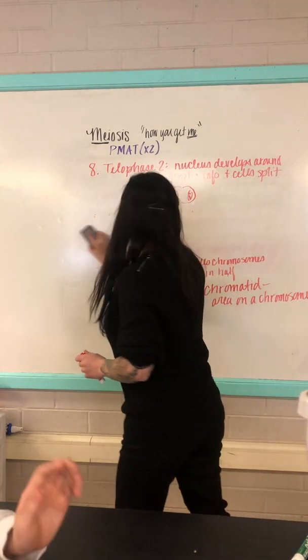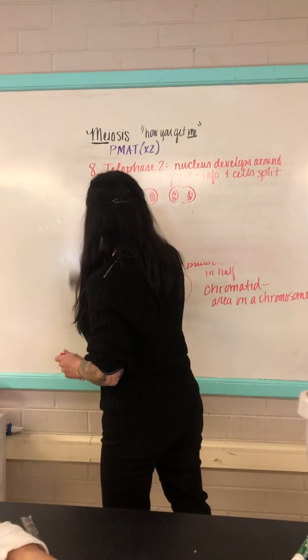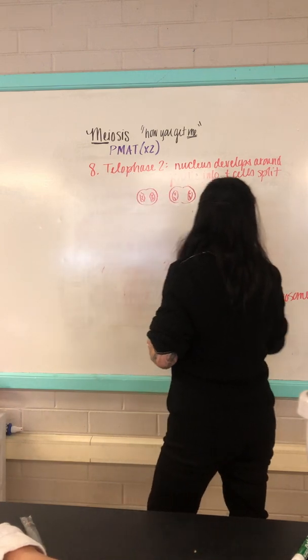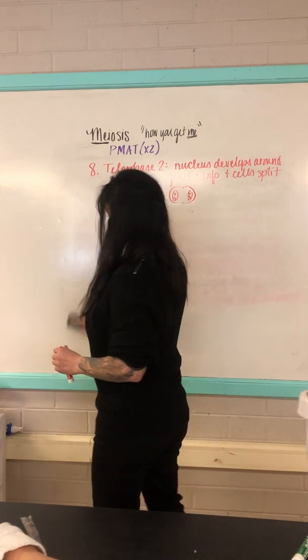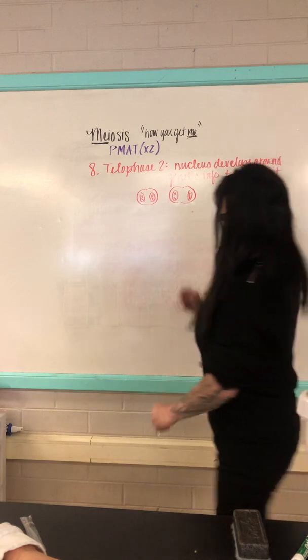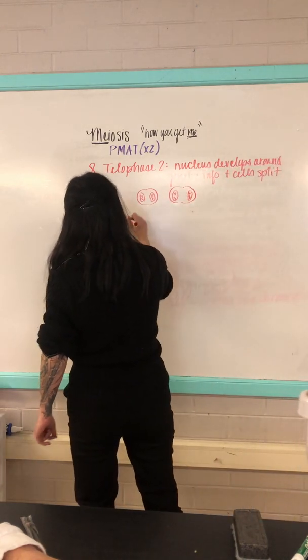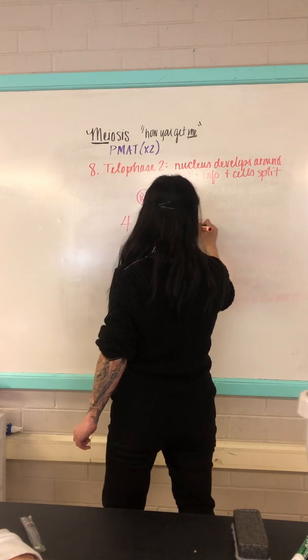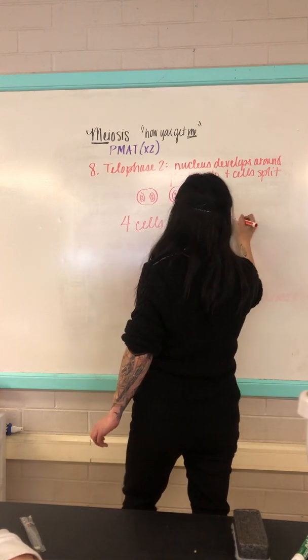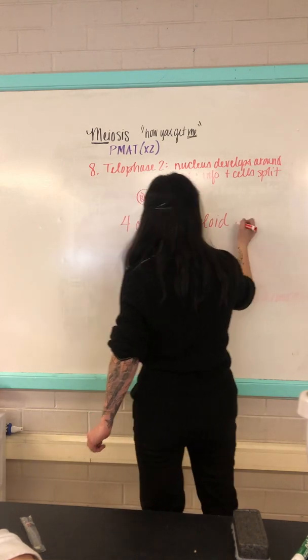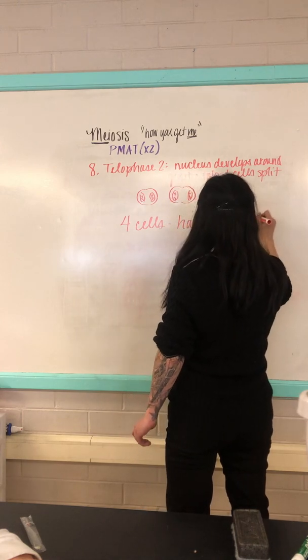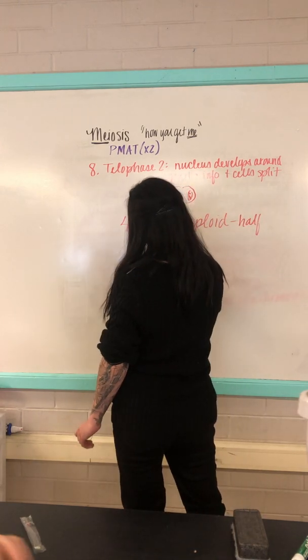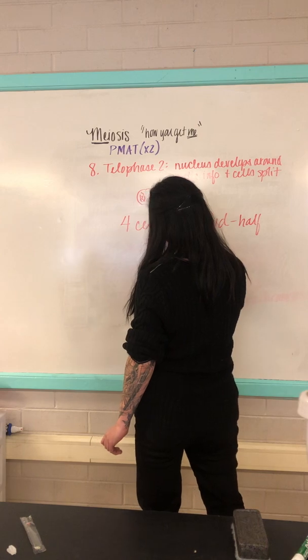No. No. 4. So the end result is 4 cells that are haploid cells. Haploid means they have half the genetic info.